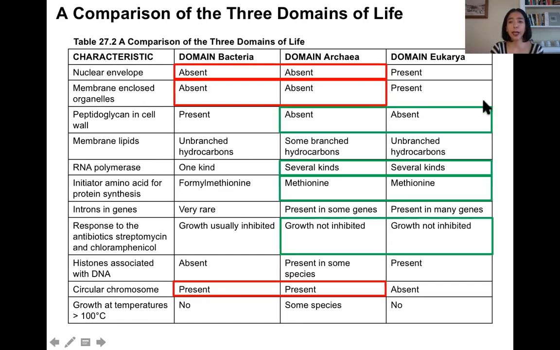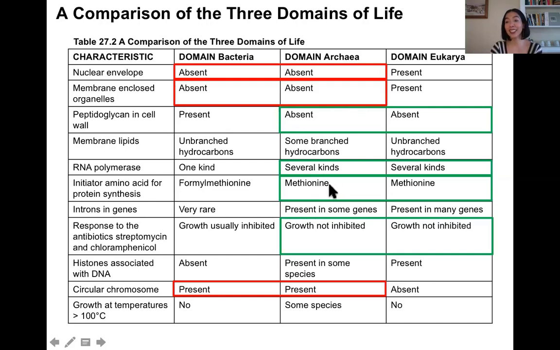Now, if we compare the domains Eukarya and Archaea, we can find that there are a lot of commonalities as well. They share the absence of peptidoglycan in the cell wall, whereas bacteria are the only ones that have peptidoglycan. They also have several kinds of RNA polymerase. They are going to have methionine as the initiator amino acid for protein synthesis.